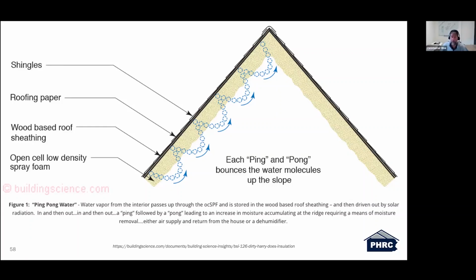So the only way to get rid of that moisture, because it's an unvented attic, is through a dehumidifier or return to the house. But again, if this is a ceiling without attic space, you can't install air supplies in those locations. So again, as Joe Stiebert called it, it's the ping pong effect where we have that moisture rising to the ridge.